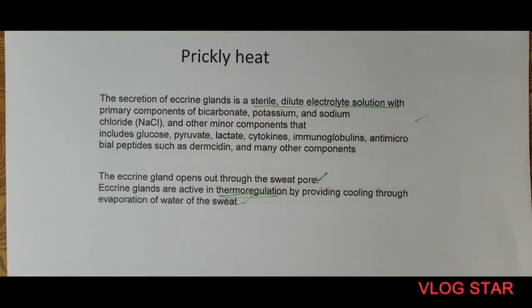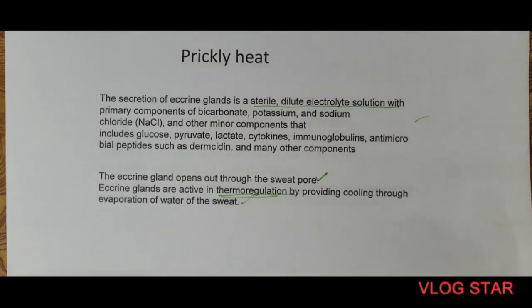We saw that. What is the function of the eccrine gland? Eccrine glands are active in thermoregulation, meaning maintaining body temperature by providing cooling through evaporation of the water of the sweat.